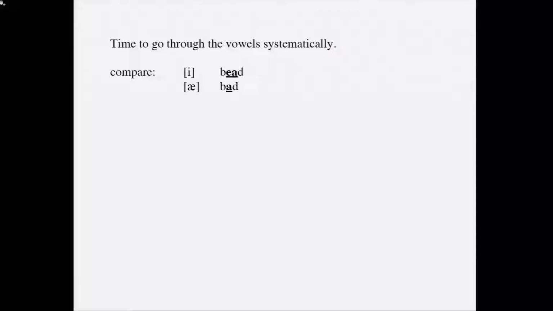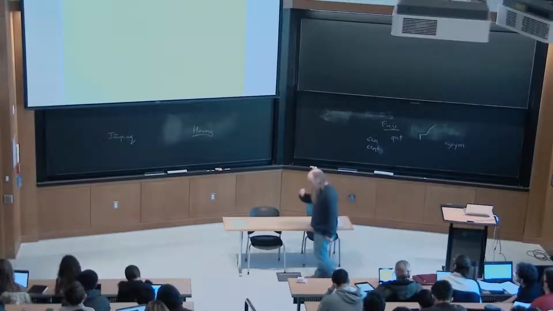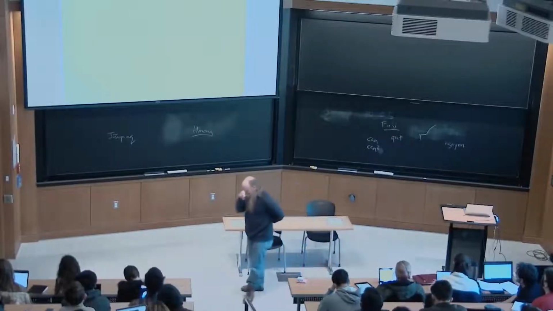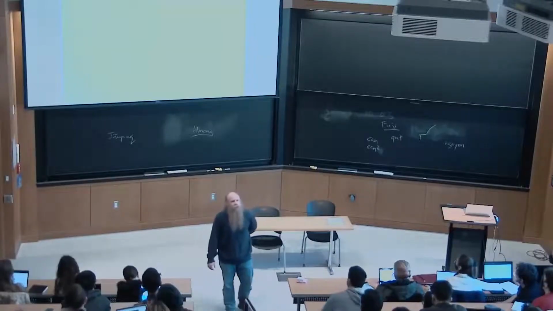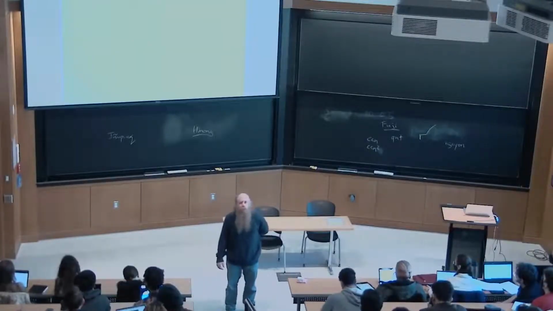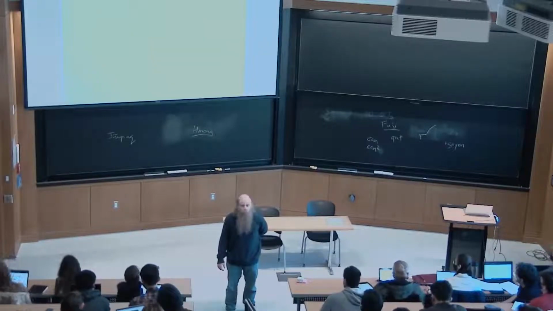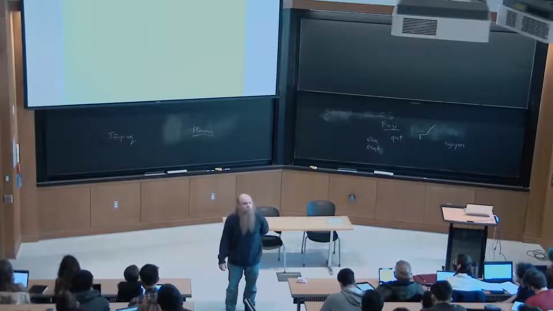Compare the vowel in the middle of bead and the vowel in the middle of bad. And here, let me just warn you that the IPA becomes particularly forbidding when we get to vowels in English. And it's not the fault of the IPA. It's the fact that English has a very large number of vowels and not very good system for writing them.